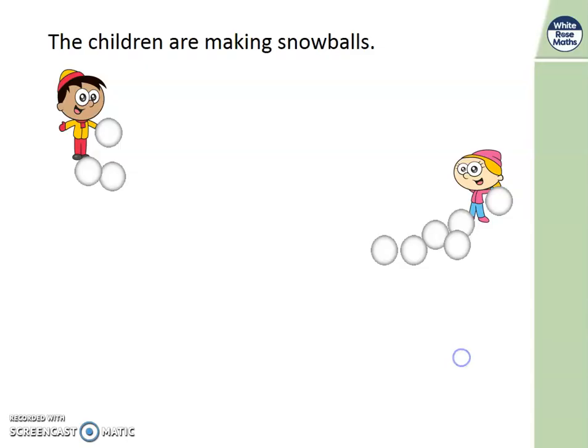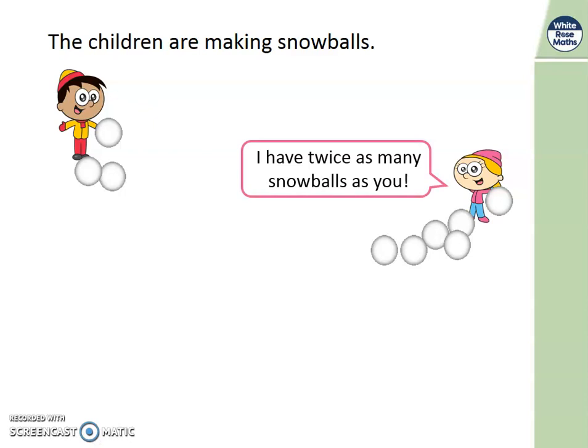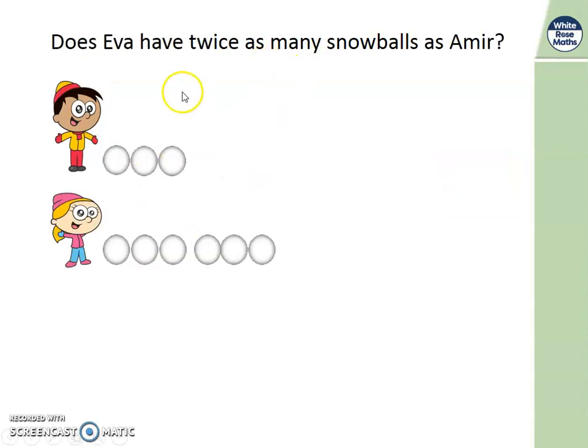Let's learn. These children are making snowballs. She says, I have twice as many snowballs as you. Do you agree with Eva? Let's check, shall we? Does Eva have twice as many snowballs as Amir? Well, we need to understand what twice means. It means times 2.